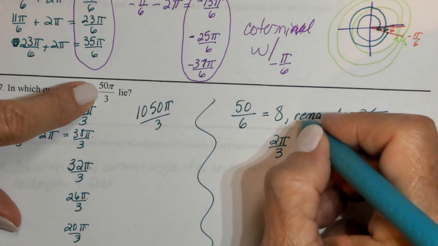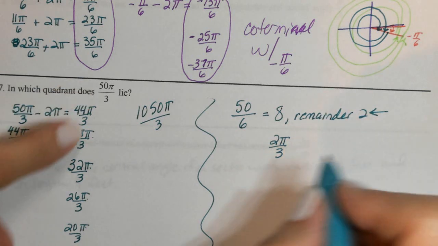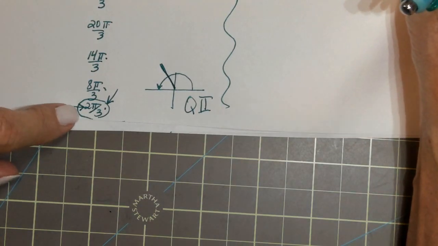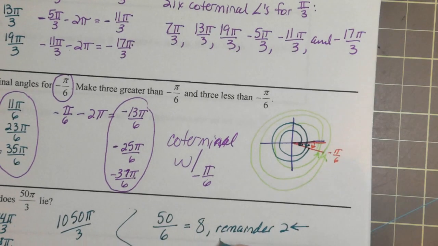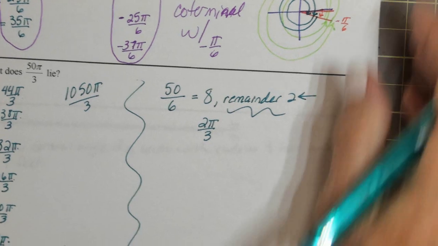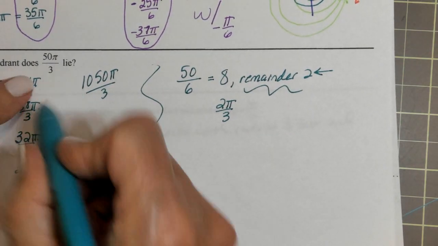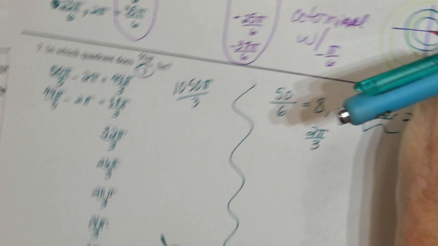That's the quick way to get to your smallest coterminal angle. Okay? You want the remainder after you divide out your numerator. Remember, we divided out double this. You always divide out double that. Alrighty, moving right along.